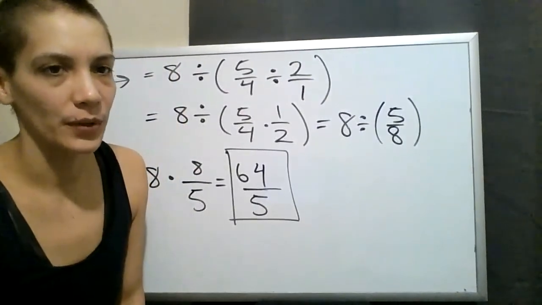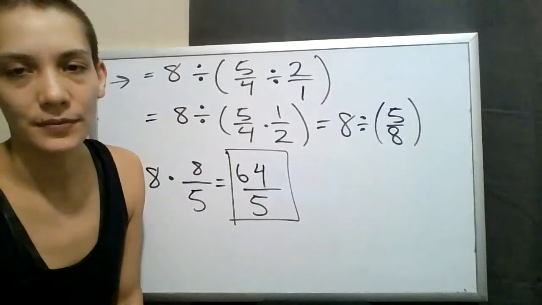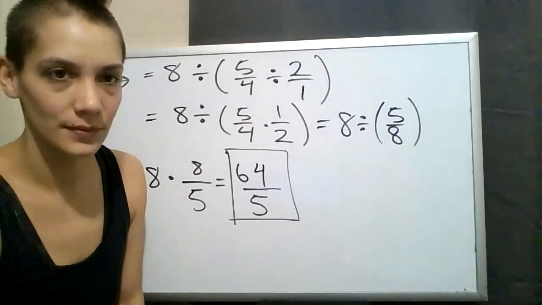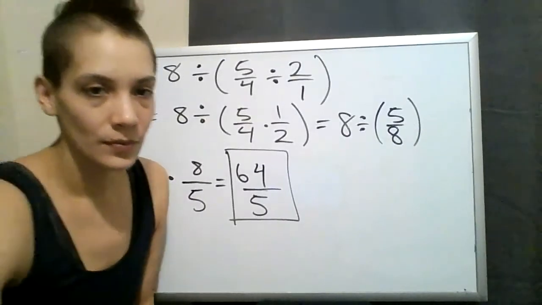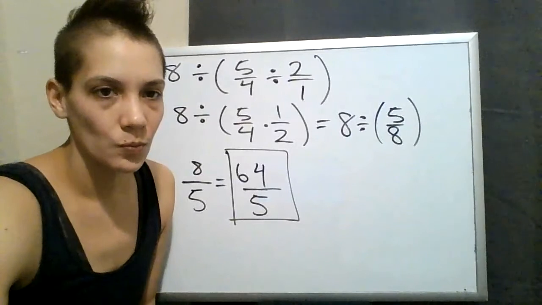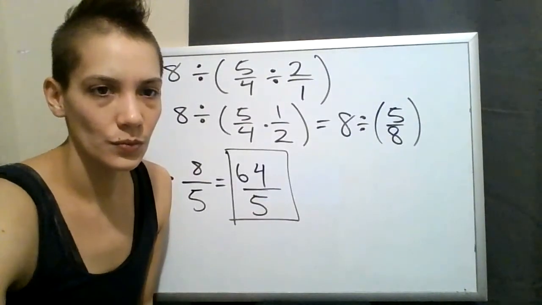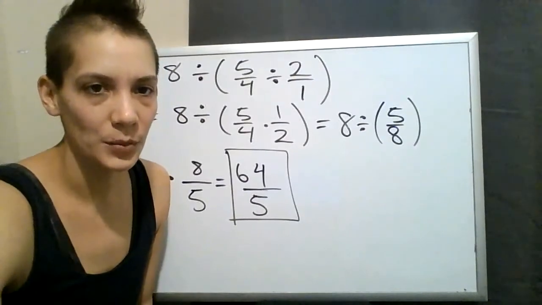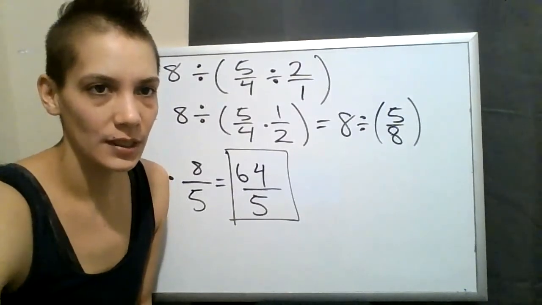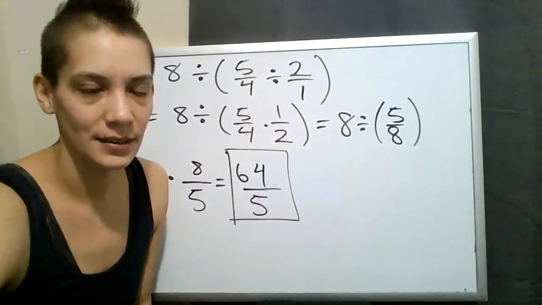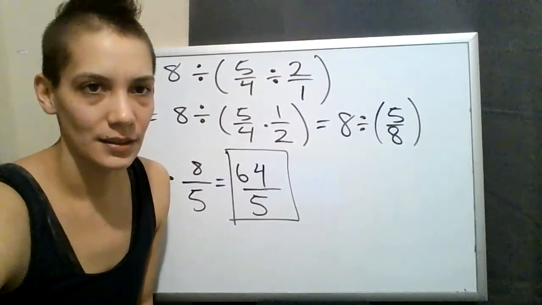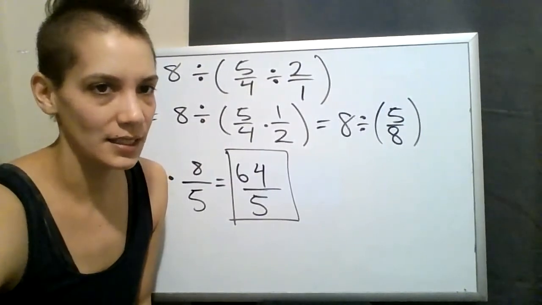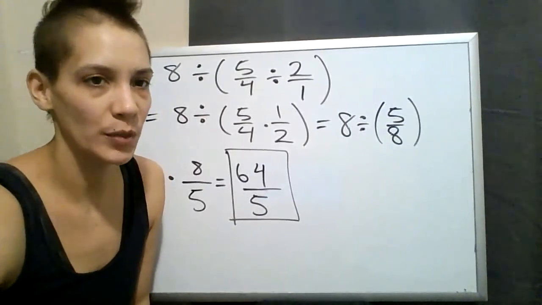We're going to try 0.4. Well, there's some percent problems we could do. Okay, let's try like this. We're going to write 0.4, number 25.